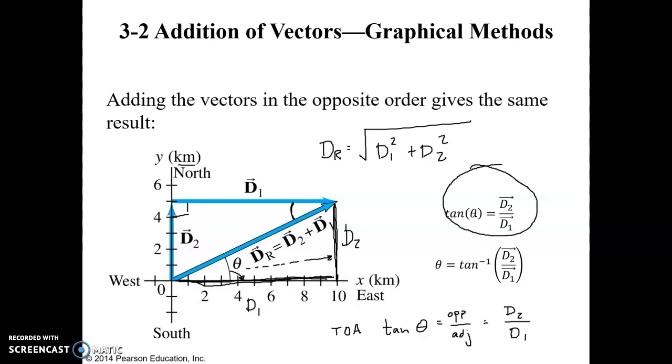And if we want to get theta by itself, then we need to take the inverse tangent of both sides of this equation. Theta is equal to the inverse tangent of d2 over d1. So using trigonometry, the definition of tangent, as well as the Pythagorean theorem, we can find the magnitude and direction of the resultant of these two vectors, d1 and d2.